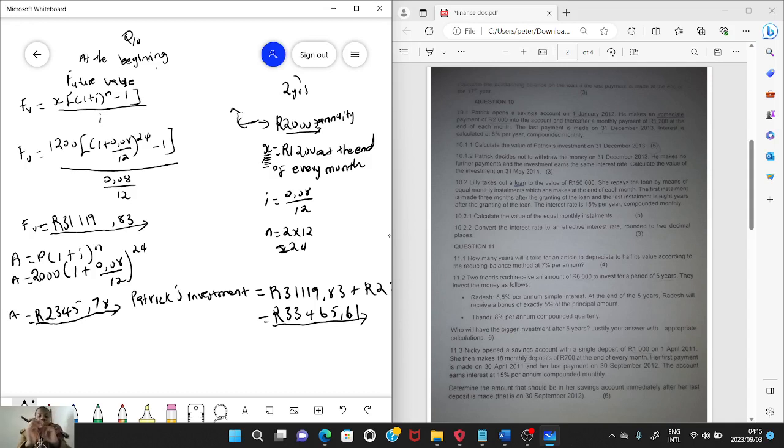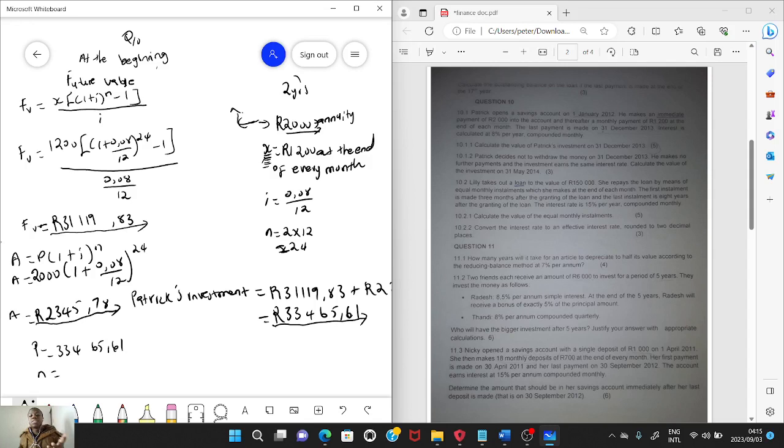So what do we do? My original amount becomes the investment, the amount that he left in the bank. So my P now is 33,465.61. And what's my N now? You calculate the number of months. May is the 5th month.